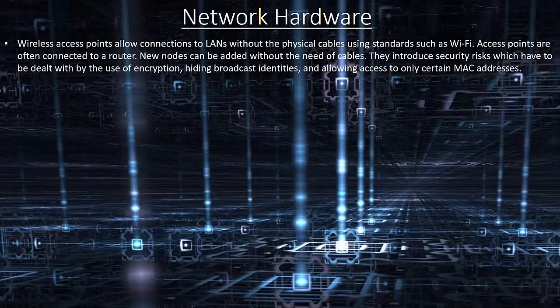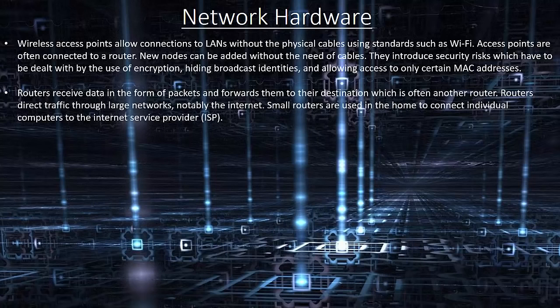Wireless access points allow connections to LANs without physical cables using standards such as Wi-Fi. Access points are often connected to a router. New nodes can be added without the need of cables. They introduce security risks which have to be dealt with, using encryption, hiding broadcast identities and allowing access to only certain MAC addresses.